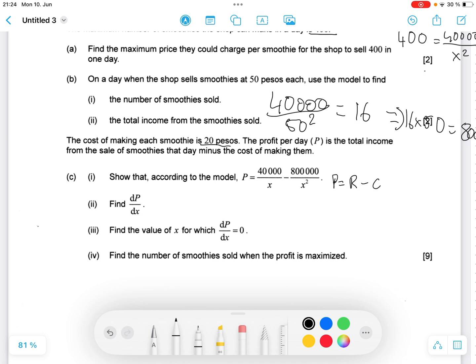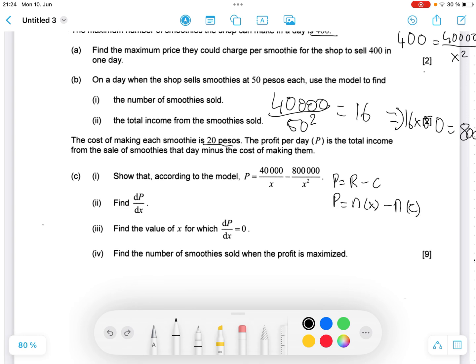And revenue is units sold, which is N, times the price, which is X, minus the units sold times the cost per unit sold.